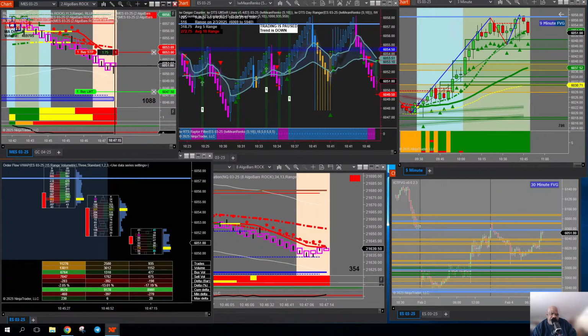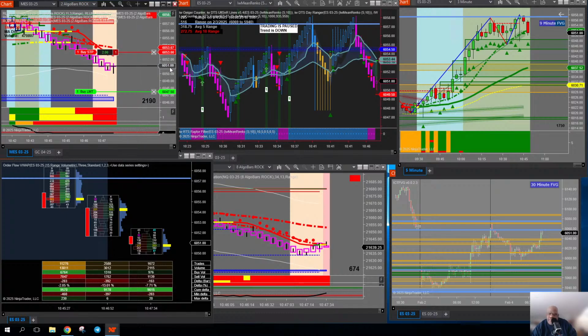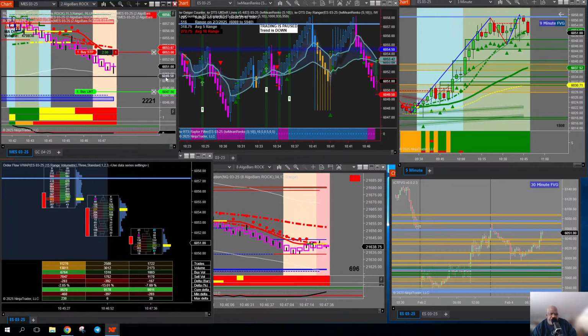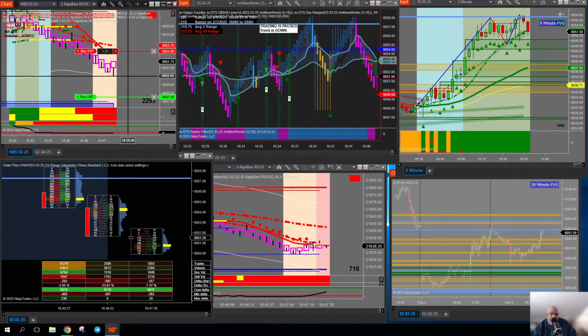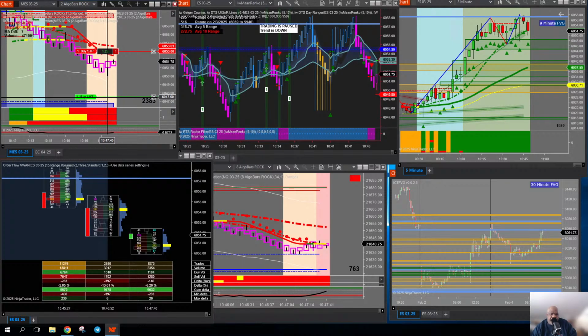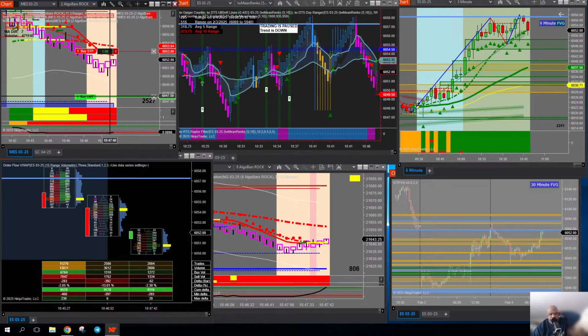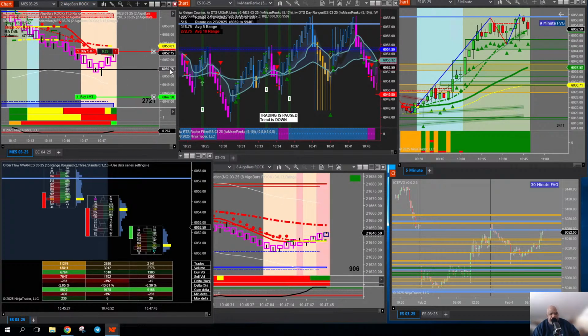Let's see if we can get to that second one before we get to our stop. This is a pivot point, so that should be a support. So we have a target right in front of that pivot, right before the pivot. Let's see if we can get there.